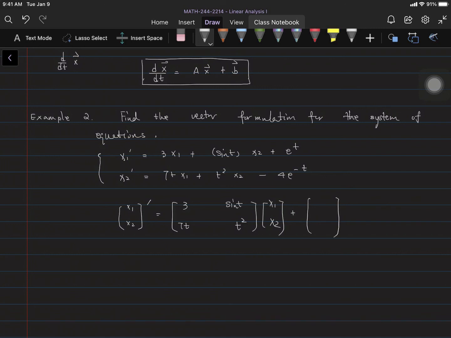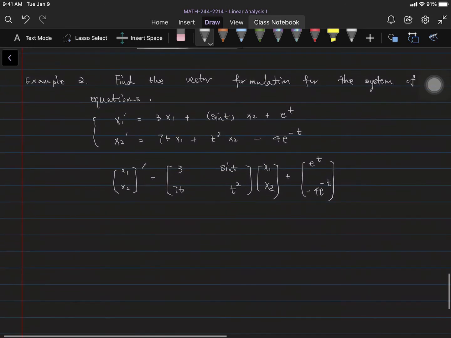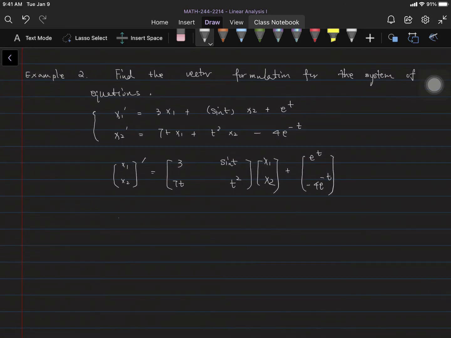That's because there's no x1, x2. So e^t, and be careful, the second entry is negative 4e^(-t). This is the vector form. That means the x vector is x1, x2, the A matrix is 3, sin t, 7t, t squared, and B is e^t, negative 4e^(-t).